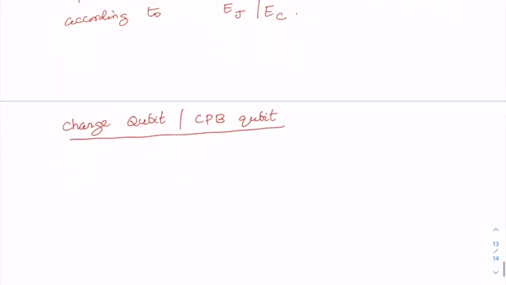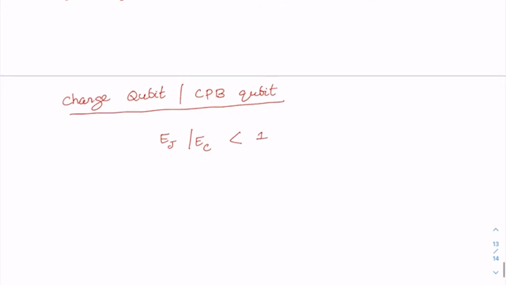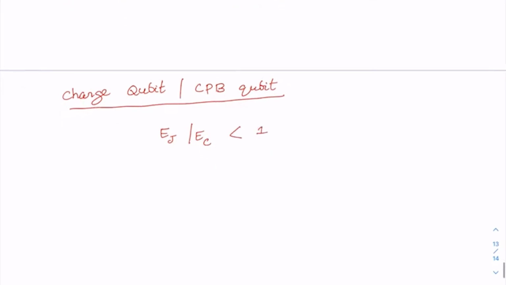In this case, this ratio EJ by EC is less than 1, and this implies that the charging energy part of the Hamiltonian dominates over the Josephson energy, which is also called flux energy.